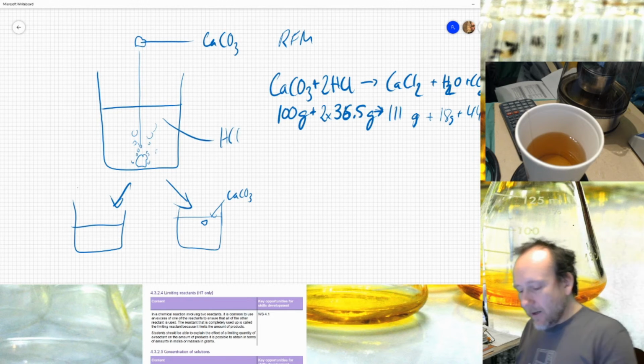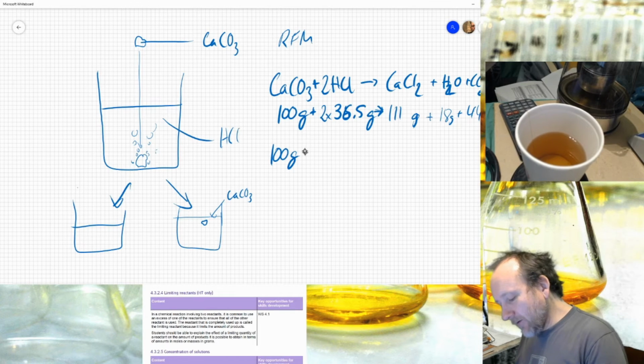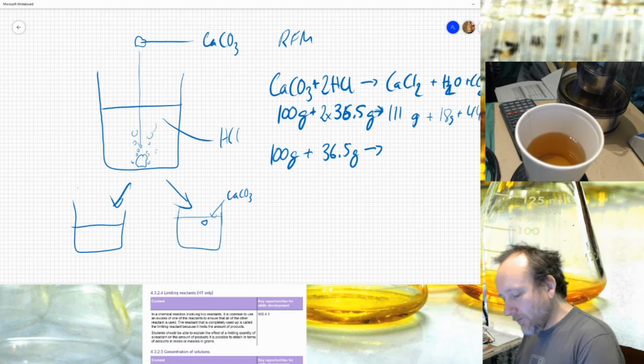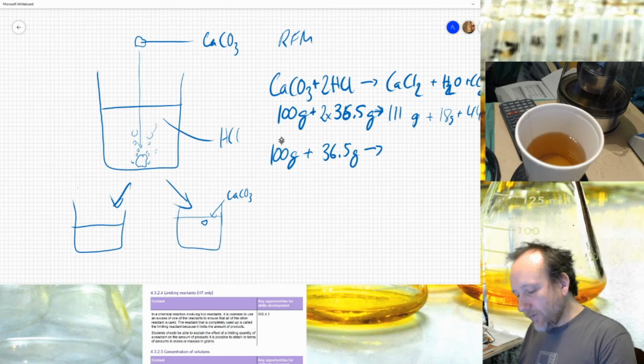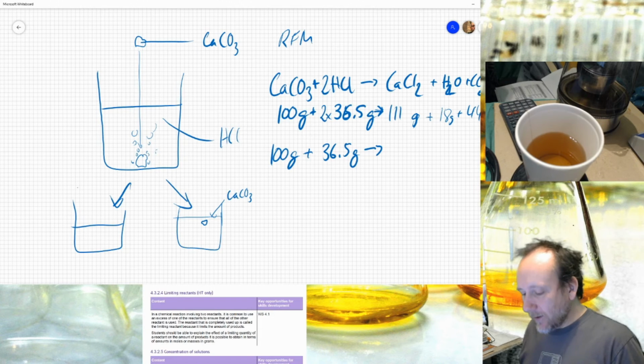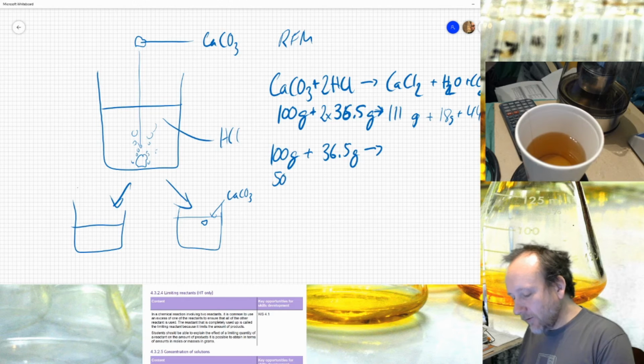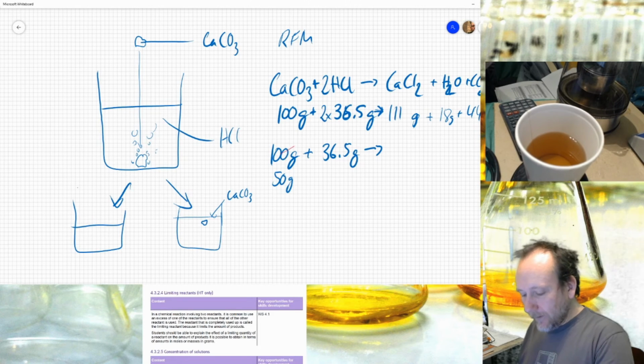That's grand. But let's say we've got 100 grams of the marble chips, but we only have 36.5 grams of the acid. What does that mean for the production of calcium chloride? Well, if I only have half the amount of hydrogen chloride, then I can only react half of the marble chips with it. So instead of 100 grams, I can only react 50 grams.